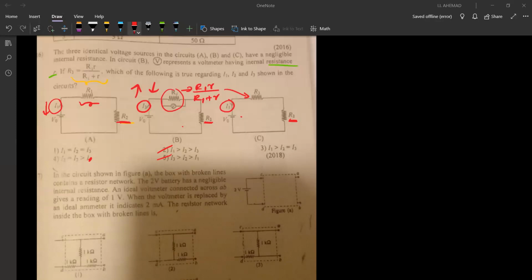Okay. How about the 18th question? Can you send that one too? Sarah and Saja, are you clear with that question? Question number 16.